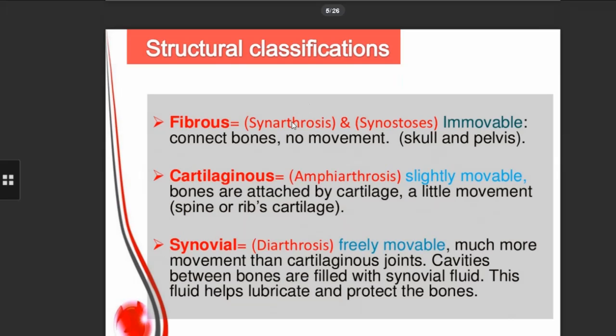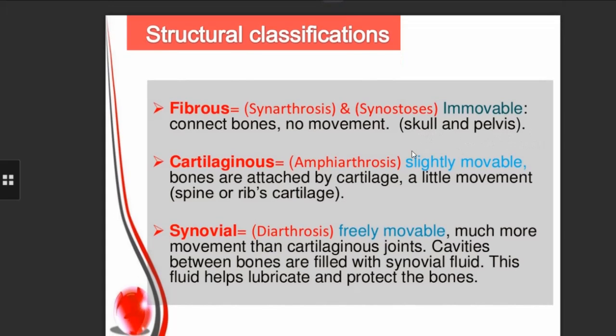Synarthrosis means that there is no movement in the joint, and synostosis means that the bones were separated, but with the development the bones become fused with each other, and thus a fixed joint is made. So immovable connected bones, no movement. Examples are the joints present in our skull and in our pelvis.